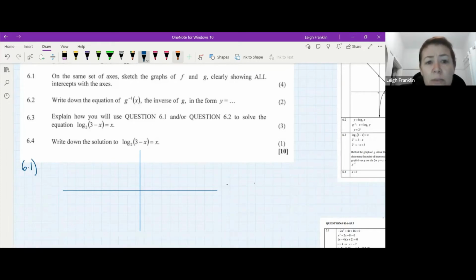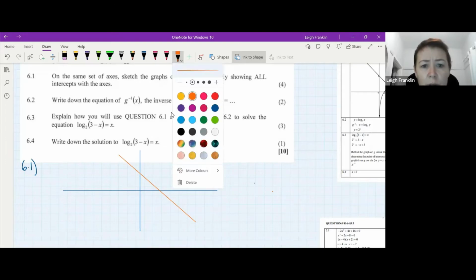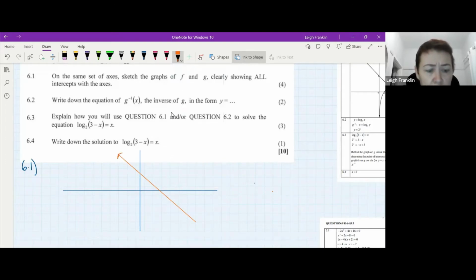Okay, so let's use some different colors. We'll use orange and draw ourselves the straight line. It has a negative gradient, so it's going to look something like that. We need to work out its x and y intercepts. You can even do that by inspection at this stage.